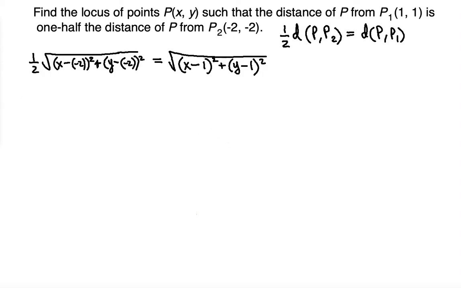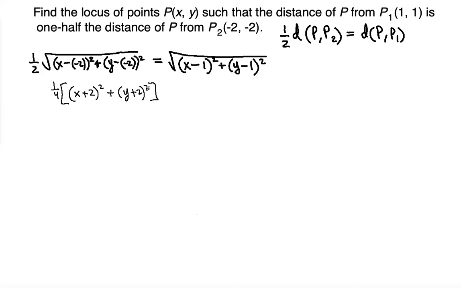So if you square both sides, you're going to have this 1/4, right? Every individual part is squared. The square root is squared and also 1/2 is squared. And remember that 1/2 multiplied everything together, so you must still put parentheses, and I would use brackets in this case, and write it like x plus 2 being squared plus y plus 2 being squared, okay?